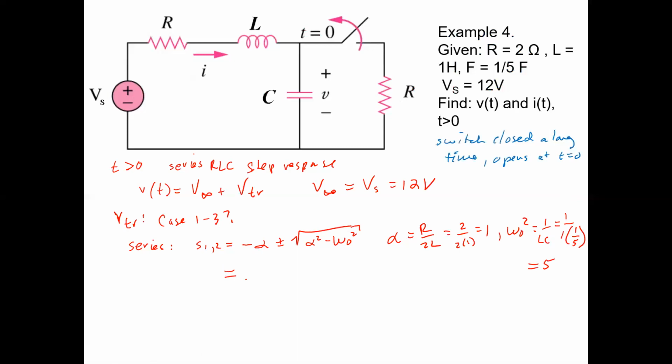So our S's are going to be -1 plus or minus the square root of 1 squared minus 5. And that's going to equal -1 plus or minus j2, which gives us case 2.